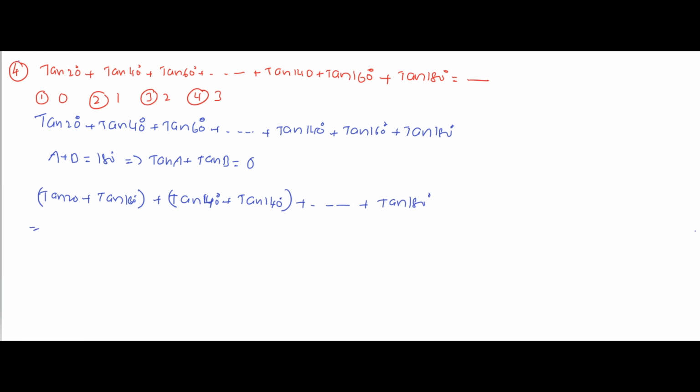Here tan 20 plus tan 160, 20 plus 160 is 180. That is tan a plus tan b is equal to 0. So this value is 0, plus tan 40 plus tan 140 value is also 0, up to the last value tan 180, which is also 0. That is equal to 0.